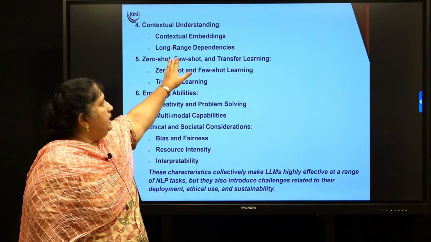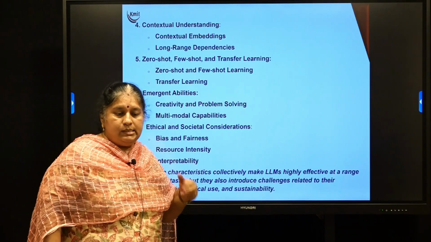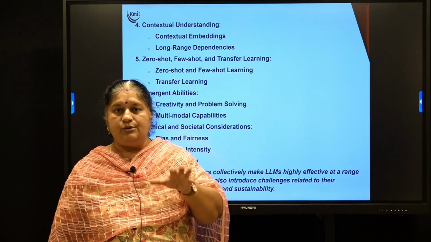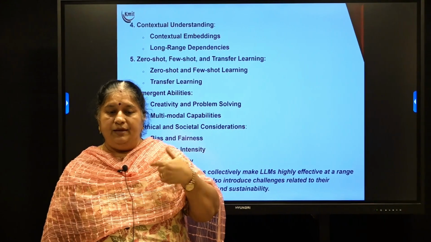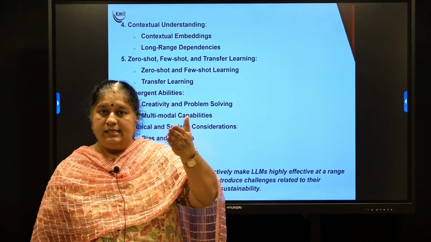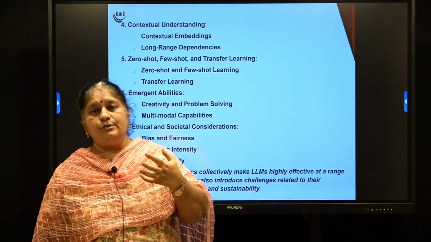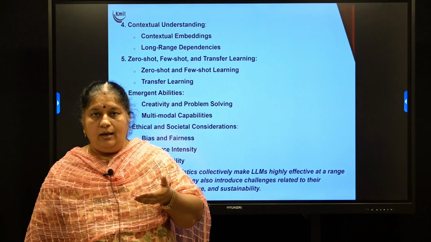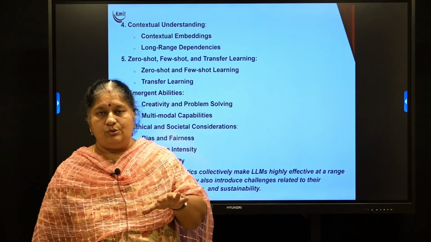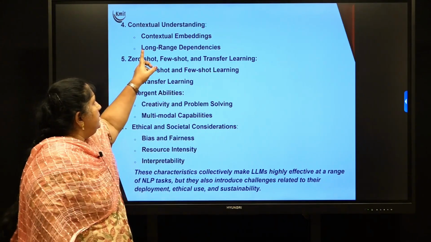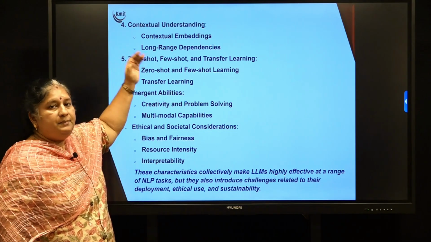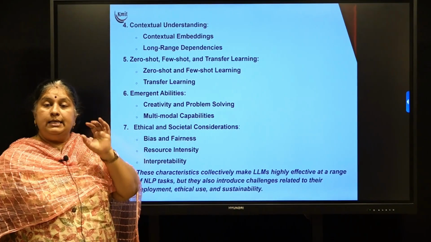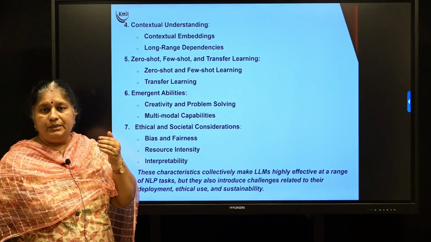Then long range dependencies. Long range dependencies try to understand the intricacies of languages, and they try to understand nested clauses, and they also handle long narrations of a language, and they are able to understand those things also. So when you are talking about a specific word with multiple meanings, you are making sure the LLM is trying to understand the context in which the word is used.